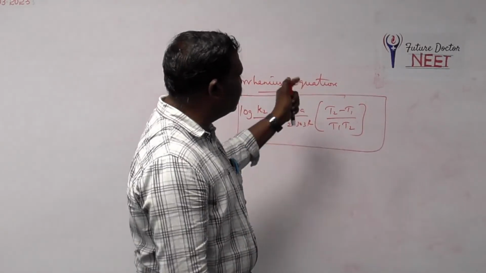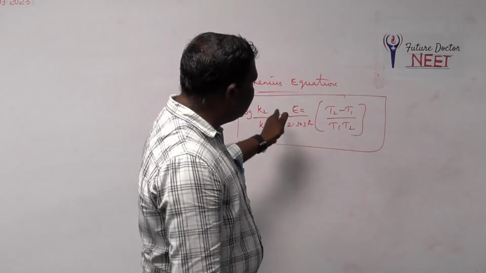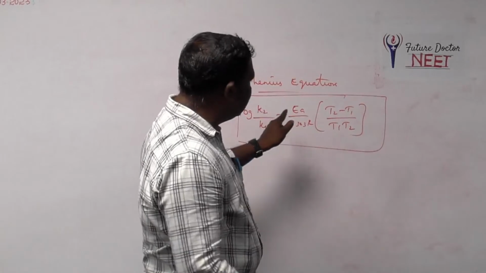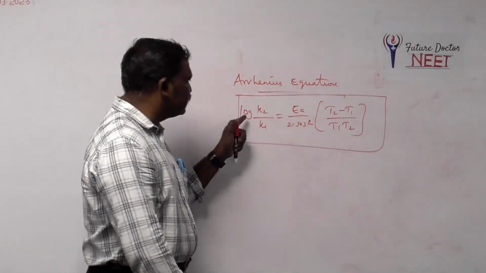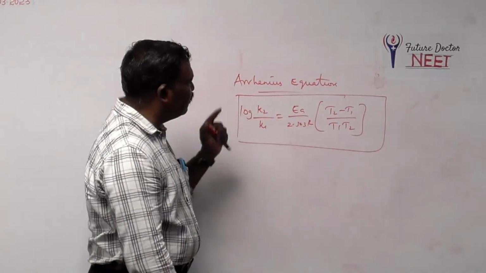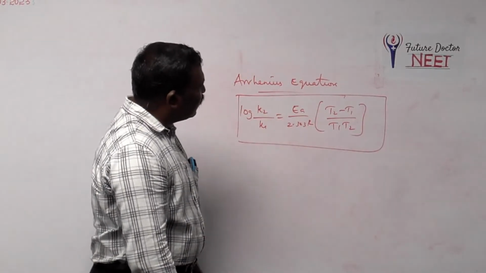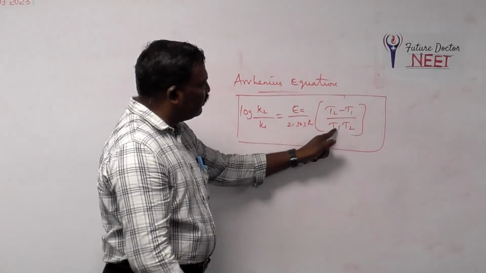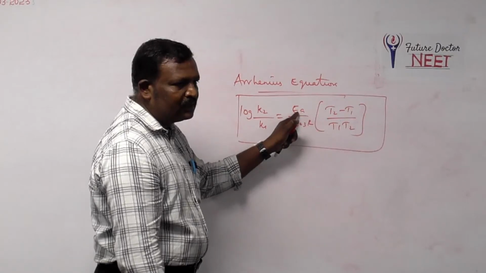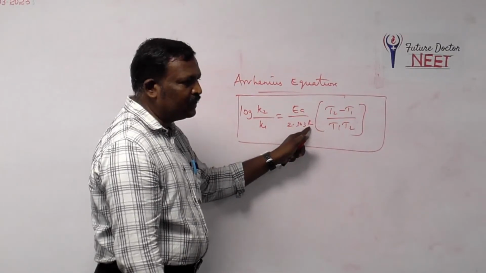They'll ask problems based upon this formula, so just remember this. T1 means initial temperature, T2 is the final temperature, Ea is the activation energy, R is the gas constant. Understood?